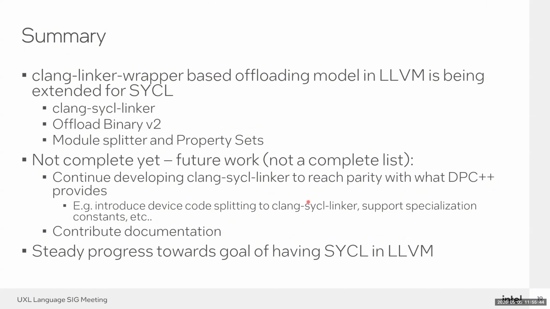But during implementation, we are still thinking about other targets, and we try not to introduce anything that would prevent us from enabling other targets later. So we are trying to design SYCL in a way that is extensible for other targets later.